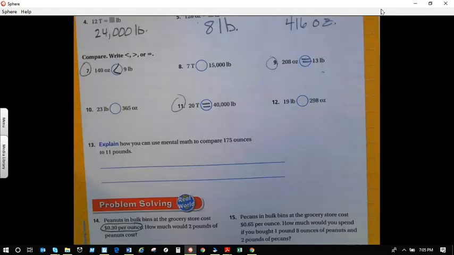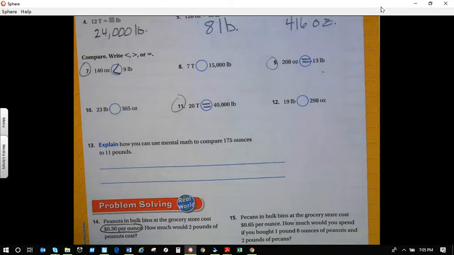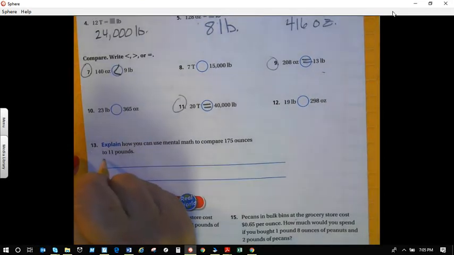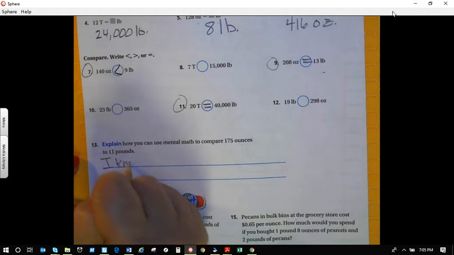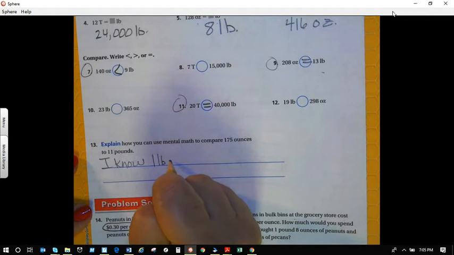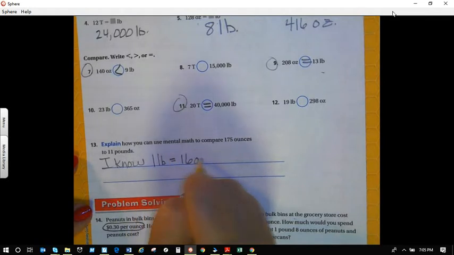All right, number 13, it says, how can you use mental math to compare 175 ounces to 11 pounds? All right, well, let's think about this. I already know, so I'm going to put I know 1 pound is equal to 16 ounces.